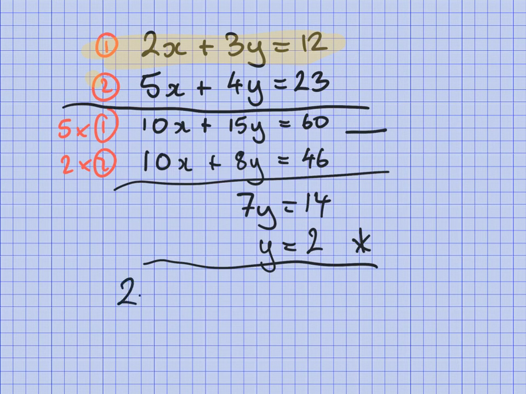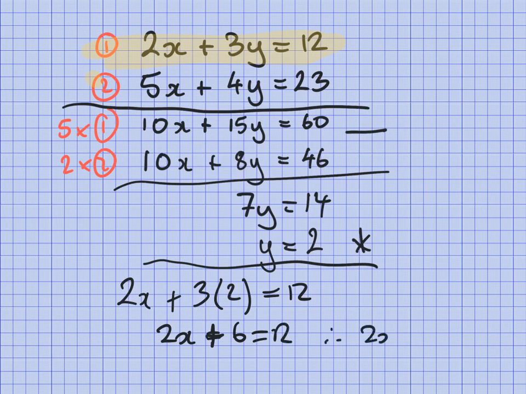So I have 2x plus 3 times 2 equals 12. That means that 2x plus 6 equals 12. Therefore, 2x equals 6 and x equals 3. We now need just one more thing before we finish.